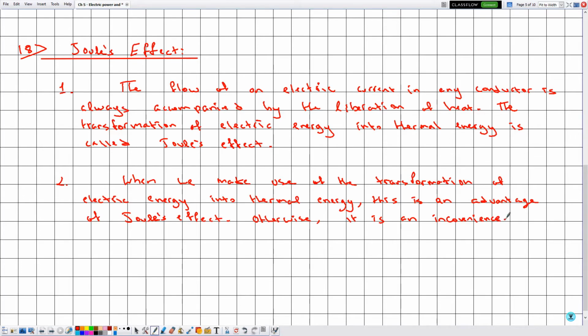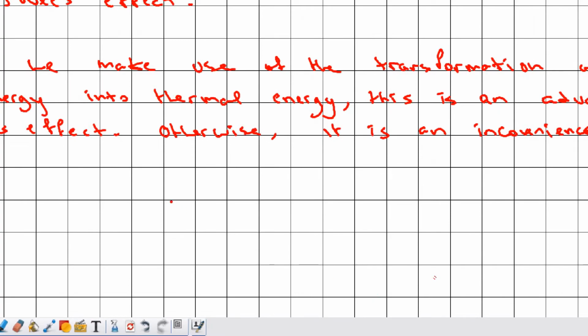So what do I mean by this? Let's consider 2 types of electric appliances. Suppose that here we have a lamp and here we have a heater. The lamp gives 2 types of energy, but the main energy is given in the form of light. And also if we put our hand close to the lamp, we can feel the heat which is liberated from the lamp.